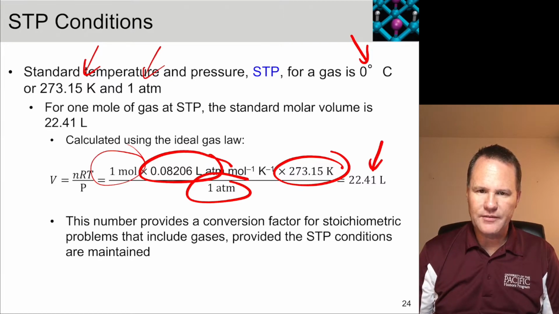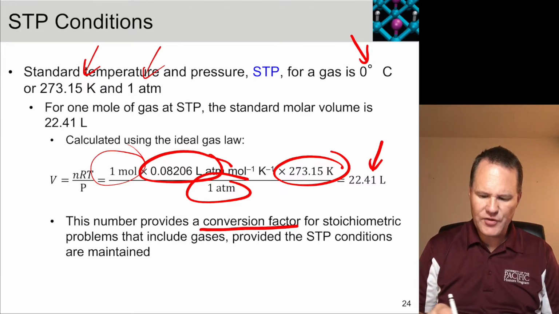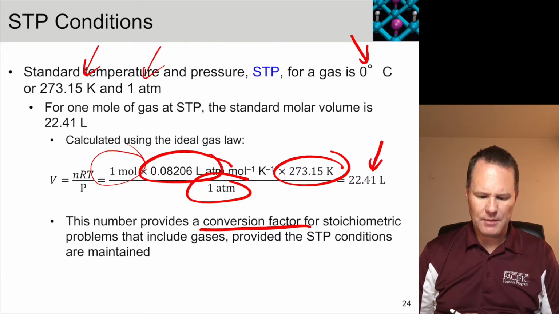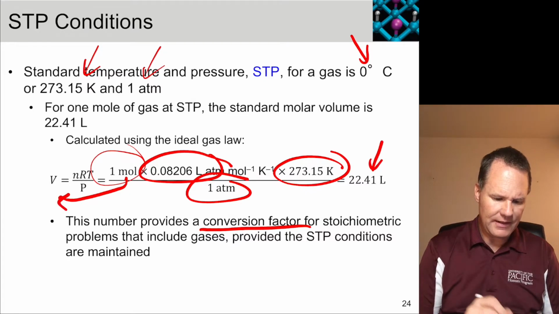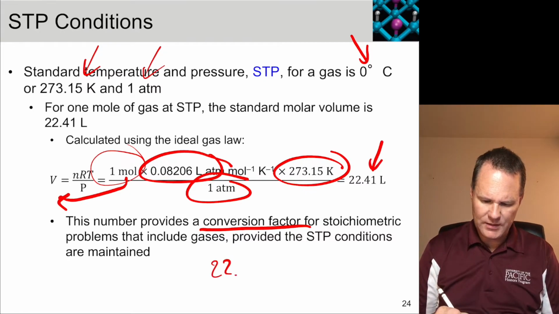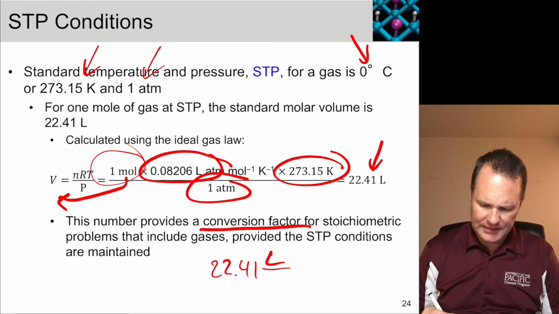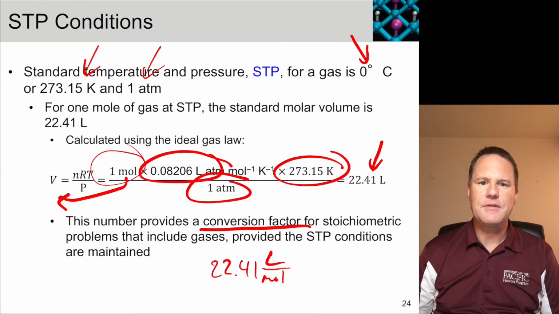And that molar volume is a very nice conversion factor for stoichiometry problems between the mole and the volume of a gas. Since this is the volume of 1 mole, I divide it over 1 mole, and so it's 22.41 liters per mole. And I don't have to say for what gas, because it's true for any gas that behaves ideally.